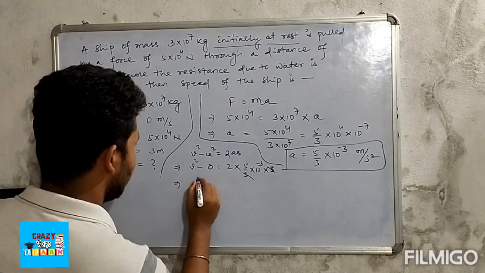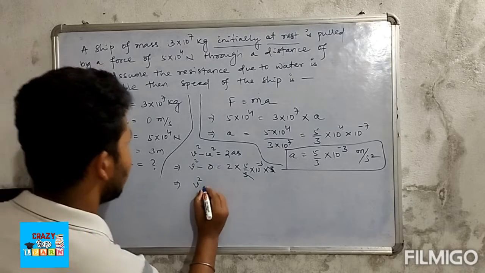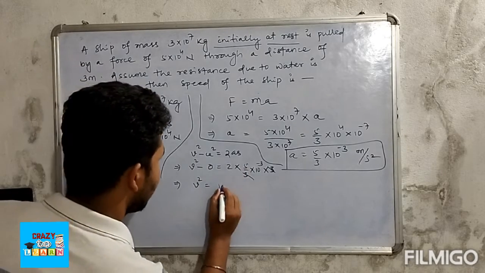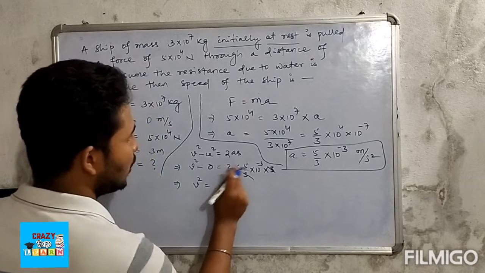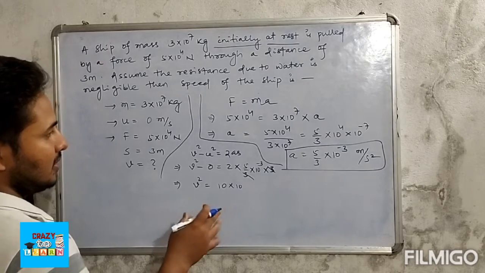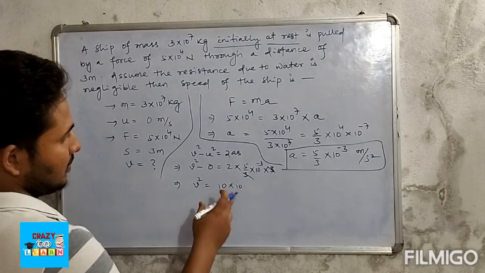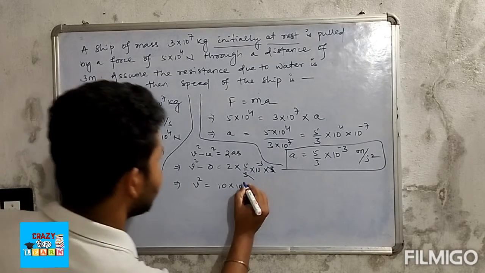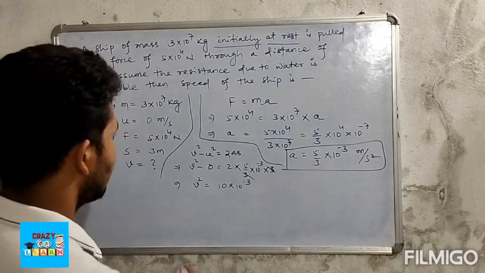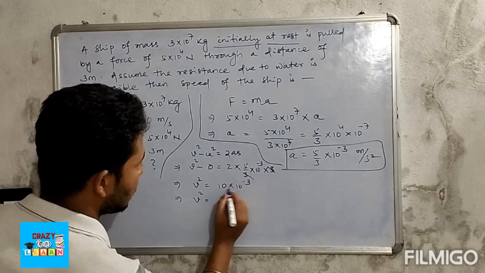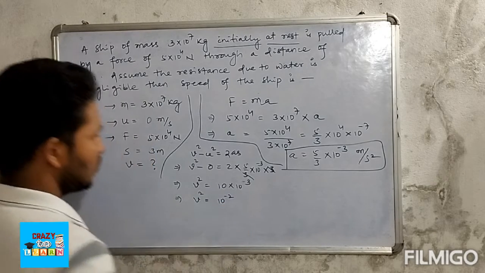So V square minus 0 is equal to V square. Sorry, 2 into 5 is 10 and into 10 to the power minus 3. So here we will get V square is equal to 10 to the power minus 2.